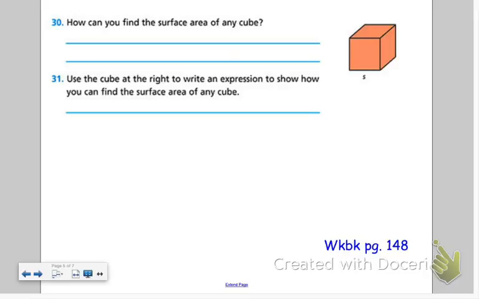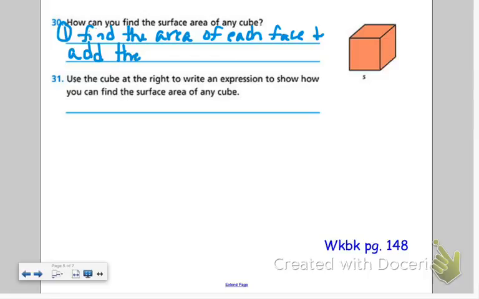So let's apply that idea here. On workbook page 148 at the bottom, how can you find the surface area of any cube? Well, a couple ways. First, one, you could find the area of each face and add them up.